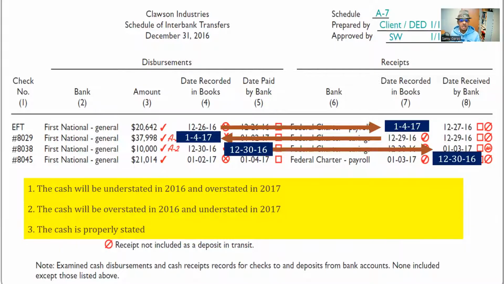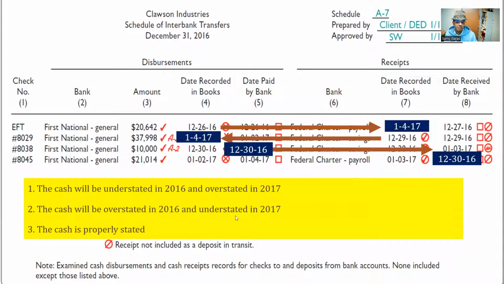The last one: the cash payment happened in 2017 and the bank payment in 2017, the receipt happened in 2017, but the bank receipt was made in 2016. So everything, as you can see here, is in 2017, except for the bank receipt, which was in 2016.